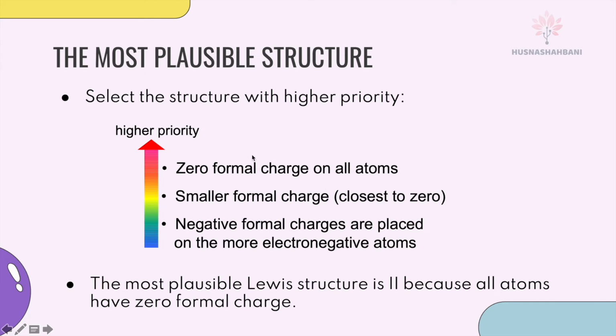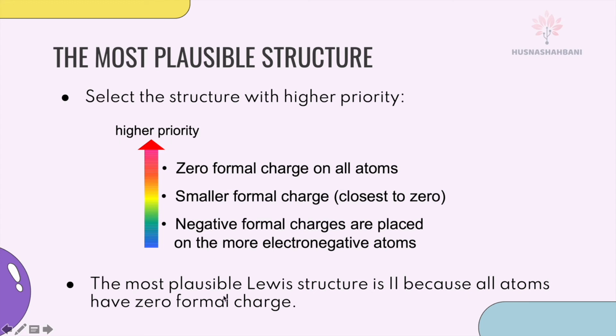If there is no 0 formal charge on all atoms, you look at the second priority, smaller formal charge closest to 0. If there is no smaller formal charge closest to 0, you look at whether the negative formal charge is placed on the more electronegative atom. Okay, there are 3. You have to follow the priority: first priority, second priority, and third priority.